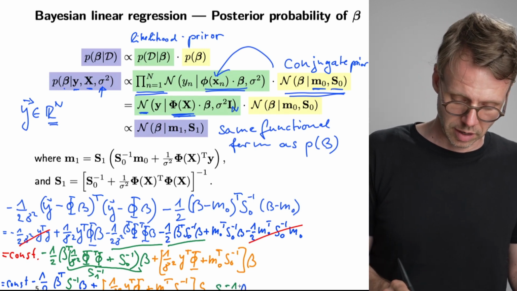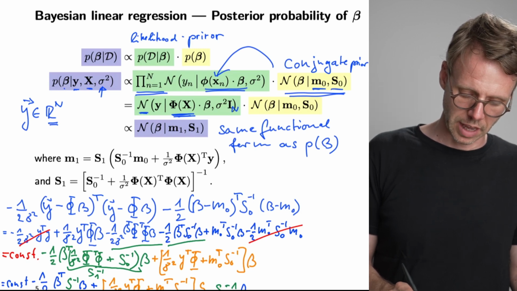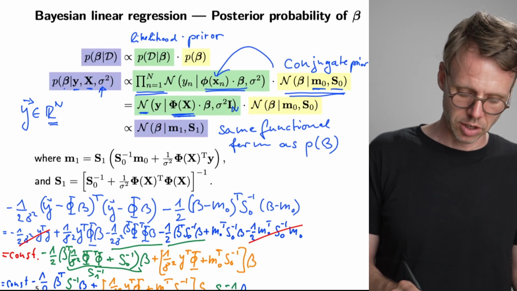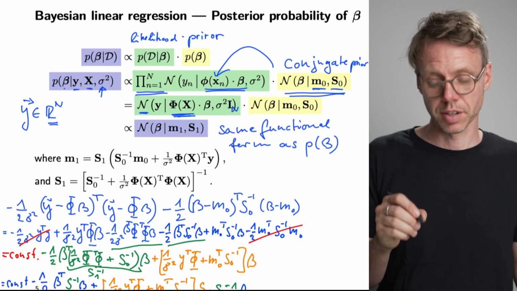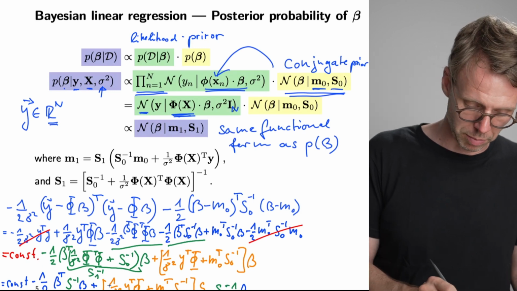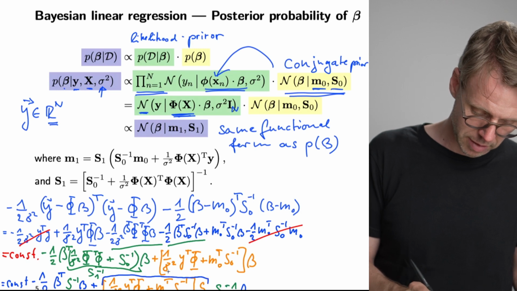Here we know that the linear term needs to have S1 inverse in there, so we actually need to multiply with the inverse of that, and the resulting vector here will be the posterior mean.